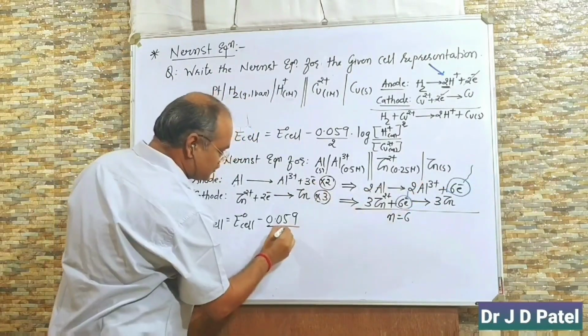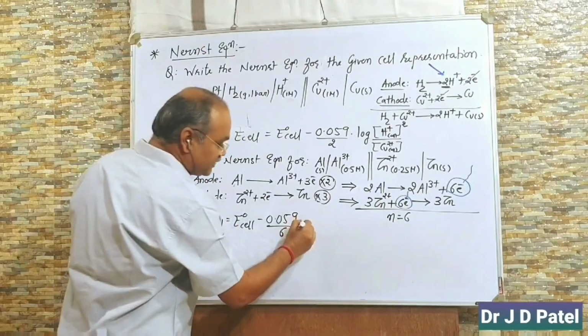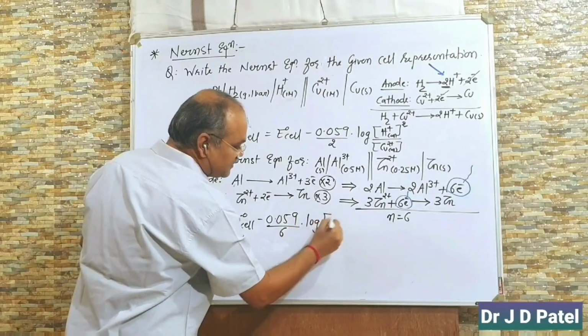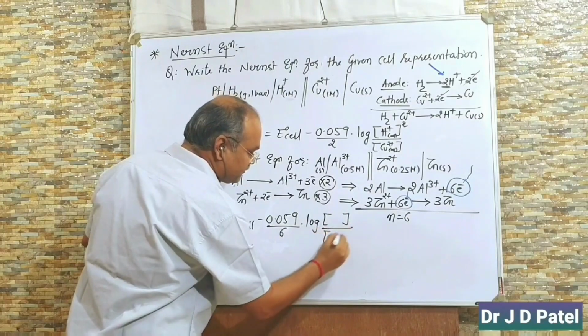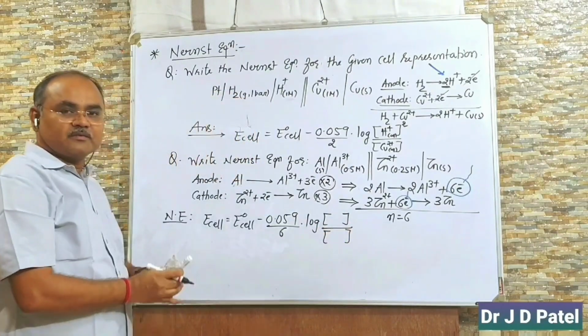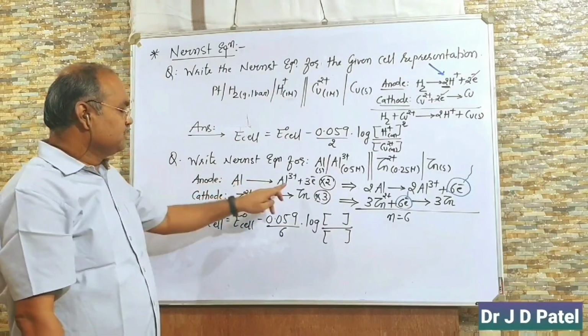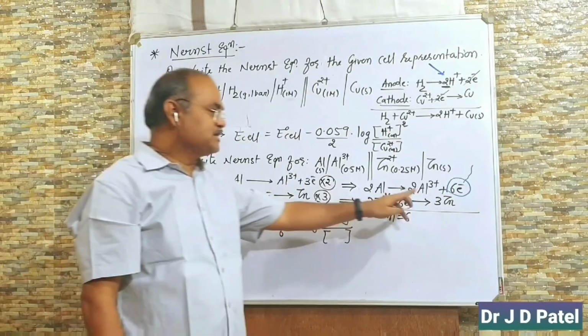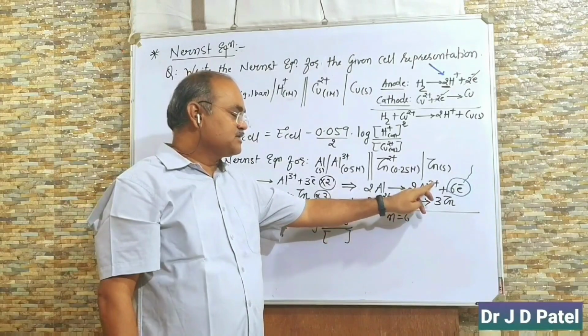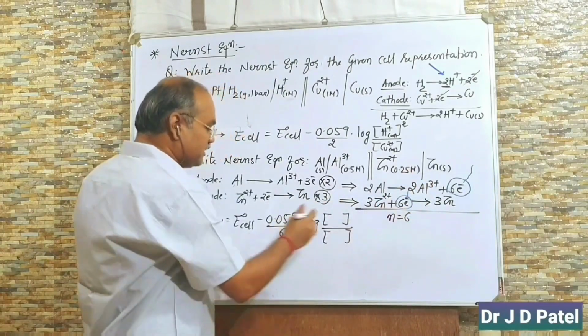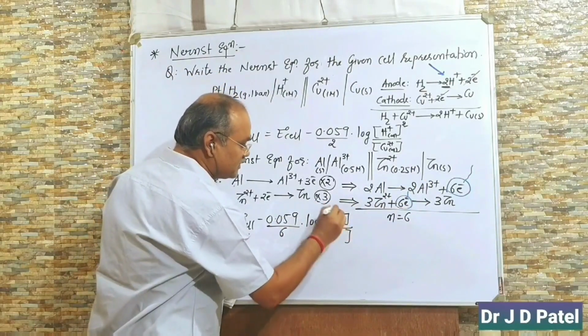Log of concentration of the ion which is undergoing oxidation. Who is undergoing oxidation? Aluminium. What is that ion? Al3+. But in the balanced equation, it is Al3+ 2 times. So I have to write here Al3+ squared. This is important.